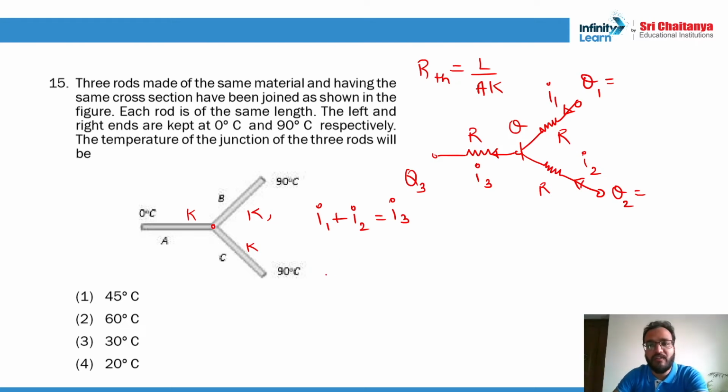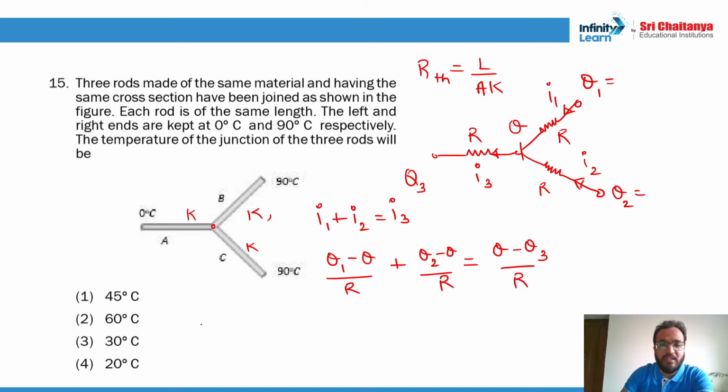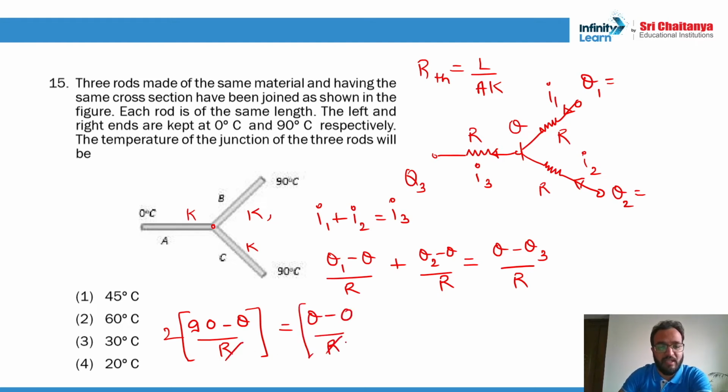See, current is potential difference upon resistance, right? So (theta 1 minus theta) by R plus (theta 2 minus theta) by R is equal to (theta minus theta 3) by R. What is theta 1? (90 minus theta) by R, 2 times, is equal to (theta minus 0) by R. R and R get cancelled. So it becomes 180 equals 3 theta. So theta is equal to 60 degrees.